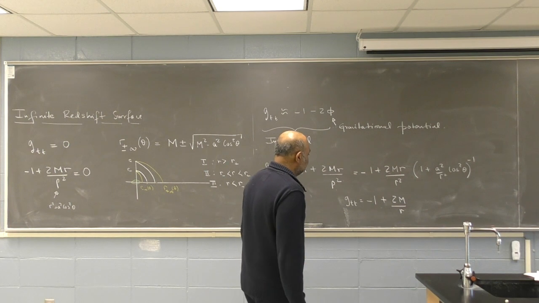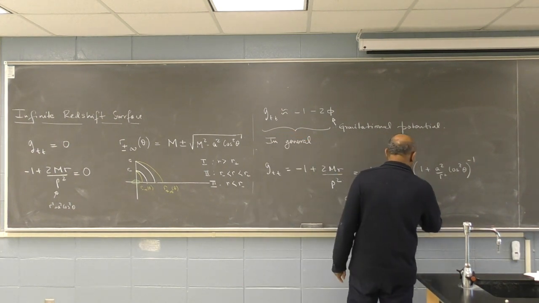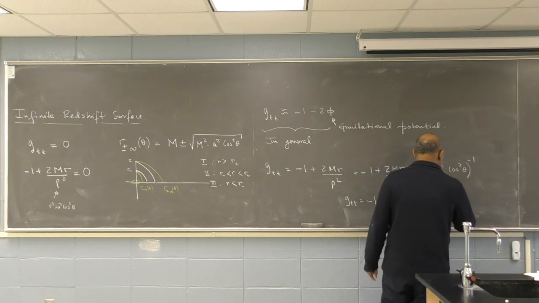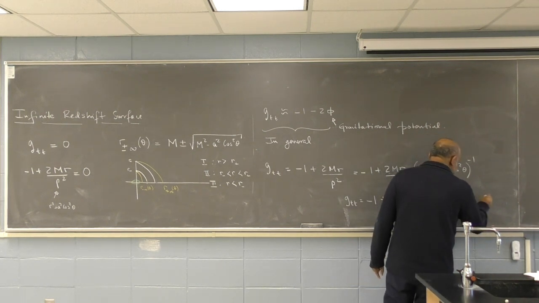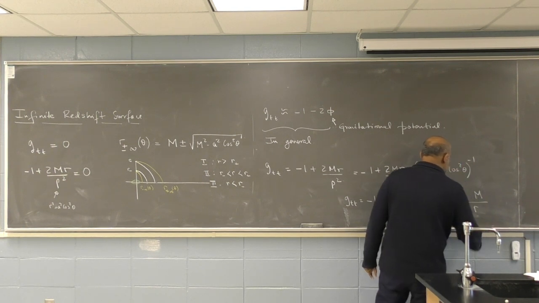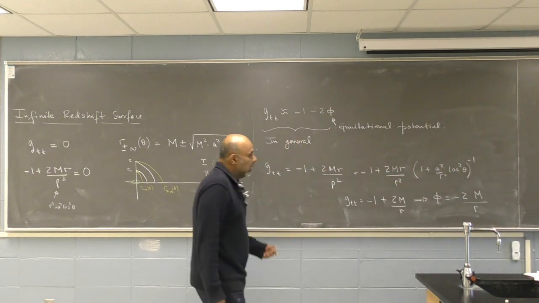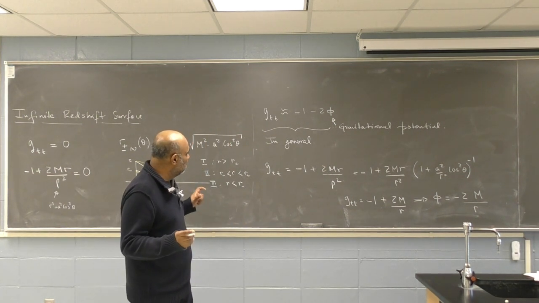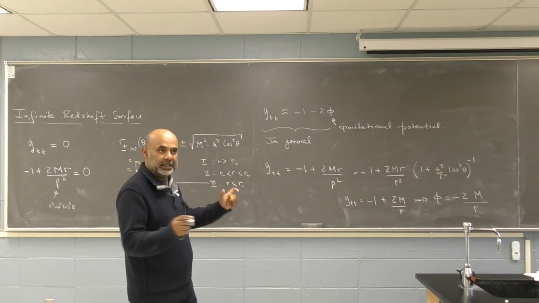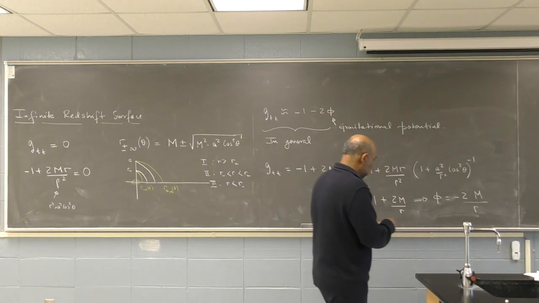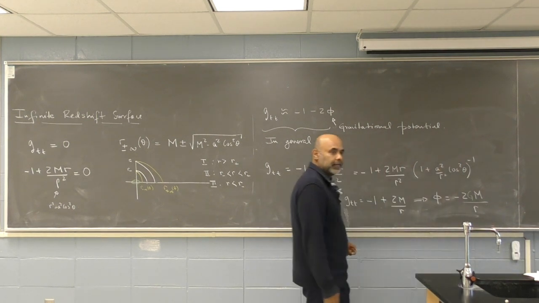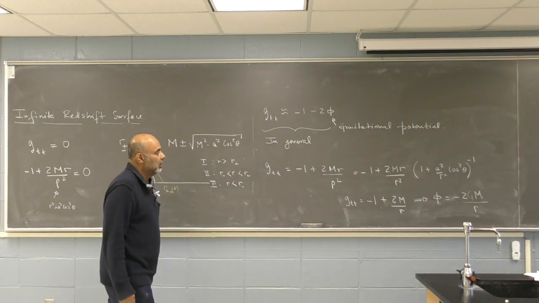A direct comparison tells you that the gravitational potential is -2m over r. Again, you know from freshman physics, if I were to resurrect all the symbols c and G, this is just 2GM over r.